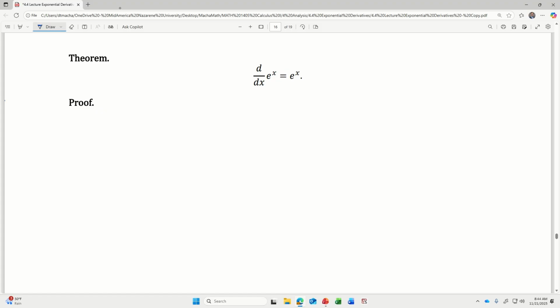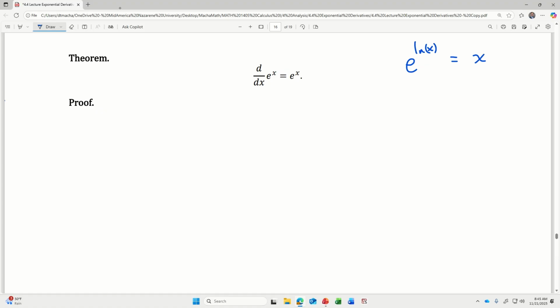Like this one. It says the derivative with respect to x of e to the x is e to the x. And again, what I know about e to the x is a few things. Well, I know that e to the power natural log x is x.